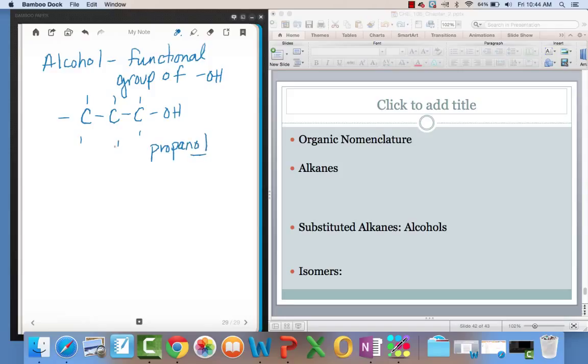And that tells us that it's an alcohol. This could be written as C3H7OH, or it could be written as C3H8O. The preferable, or what you see mostly in the text, is this.